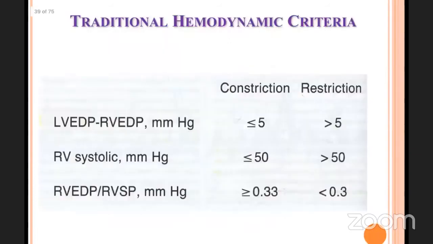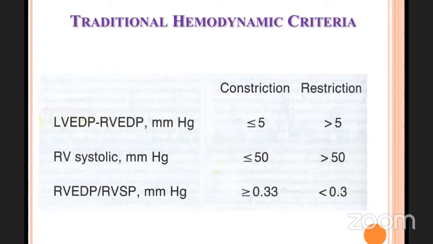So if you take the traditional hemodynamic criteria for the diagnosis of constrictive pericarditis, we say LV EDP is equivalent to right ventricle end diastolic pressure. When we say almost equivalent, that means almost within 5 millimeters of each other. That is in favor of constrictive pericarditis. If they differ by more than 5 millimeters, that means it is unlikely to be a constriction, more likely to be a restrictive cardiomyopathy.